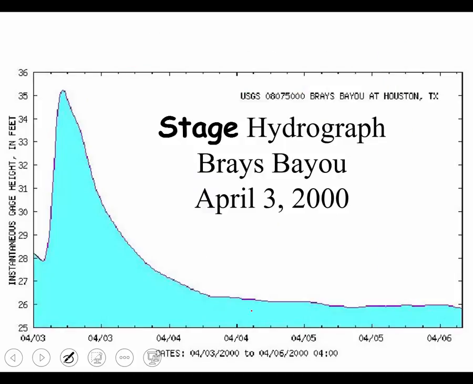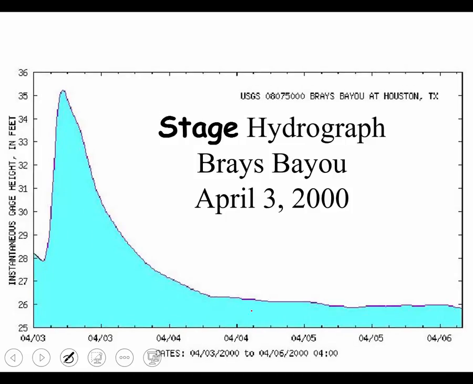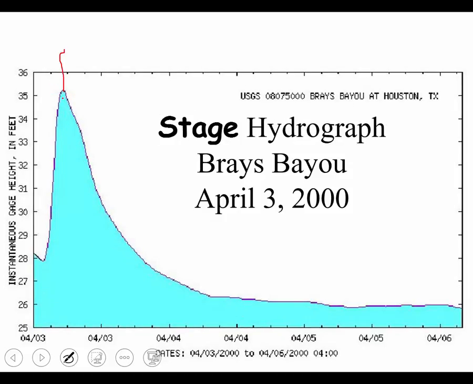So here we've got Brazos, a stage hydrograph, and there's the discharge hydrograph. The peak is at the same point, but the shape is rather different. Notice we go from less than 100 CFS to 5,500 CFS, whereas we went from 28 feet to 35 feet.